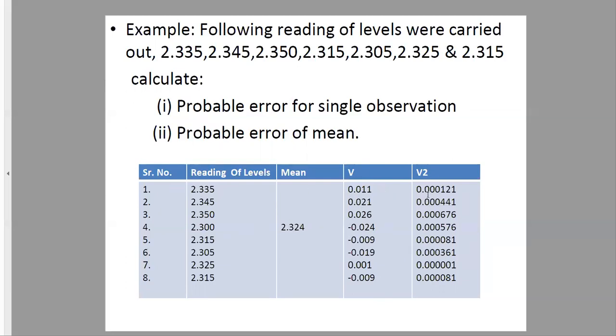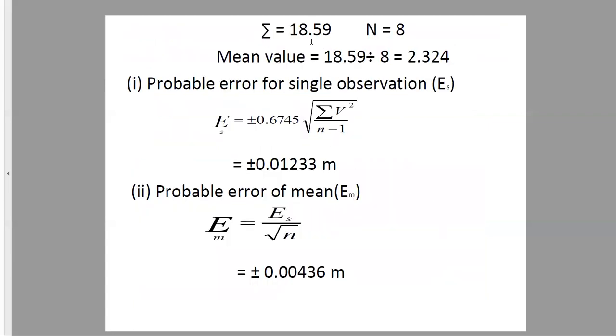And now we have to square them and then add all of them. So this will become 18.59, and we have 8 terms, so n is 8. So we'll divide by 8 minus 1 and put these values in this equation to get ES, that is probable error of single observation, using the relation 0.6745 multiplied with under root summation V square divided by n minus 1.